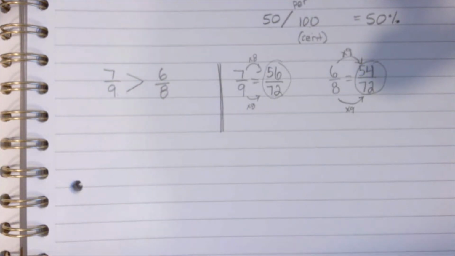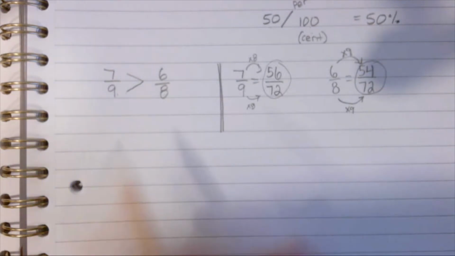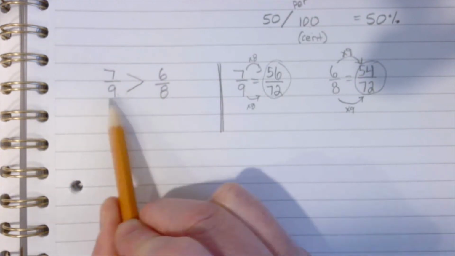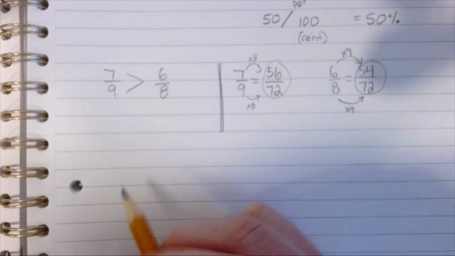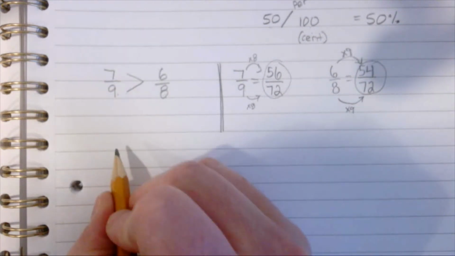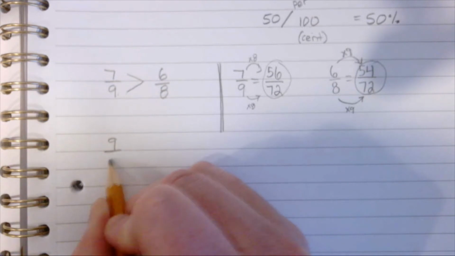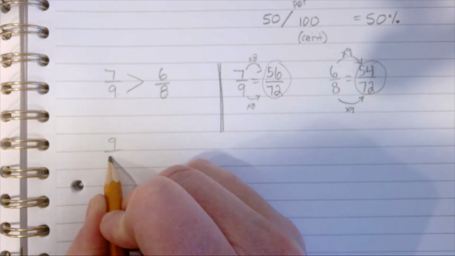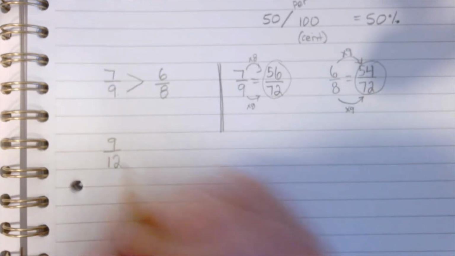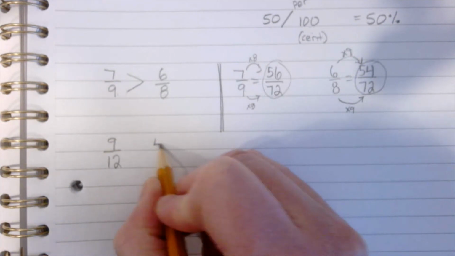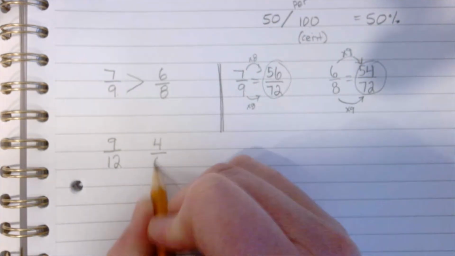Now, sometimes you can do it in a different way than just finding that multiple by multiplying these two numbers together. For example, if I had 9/12 and I had 4/6.